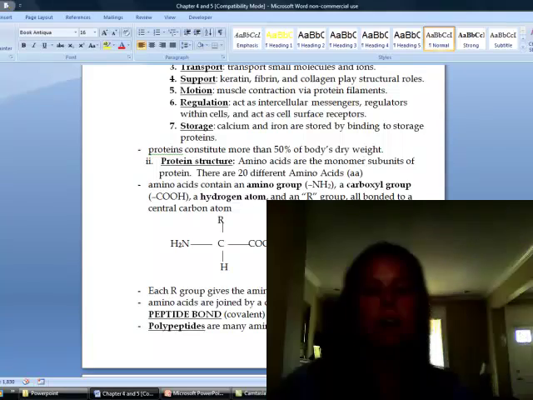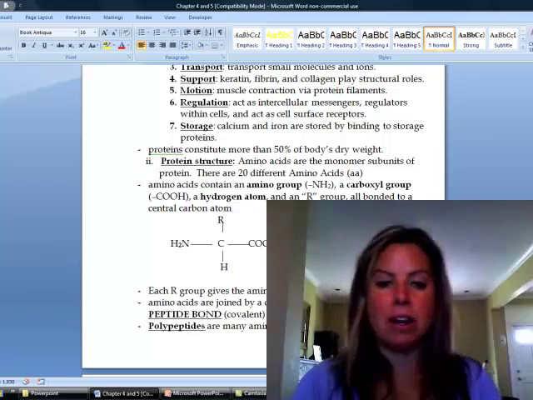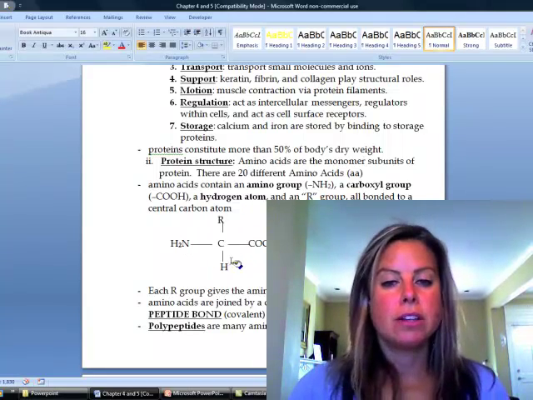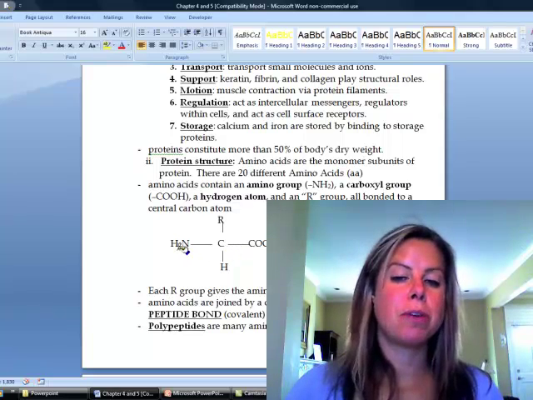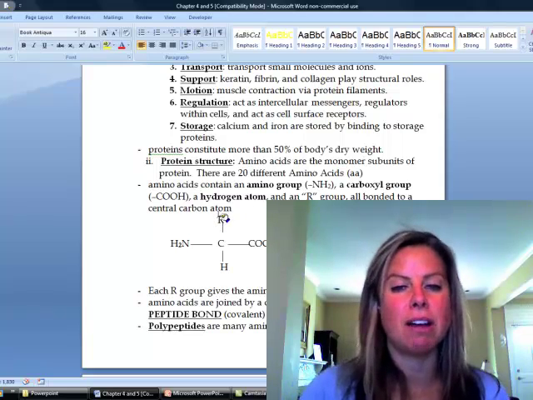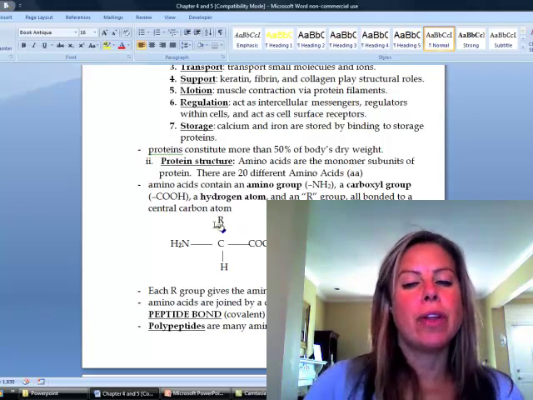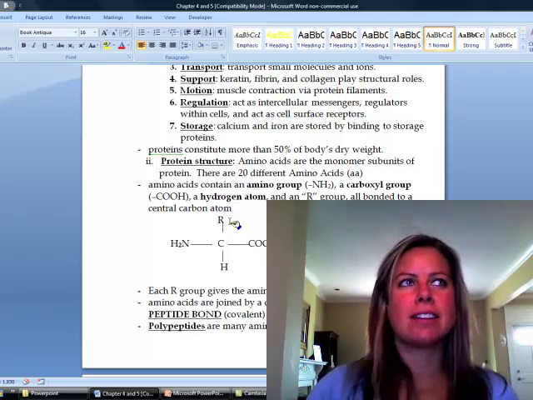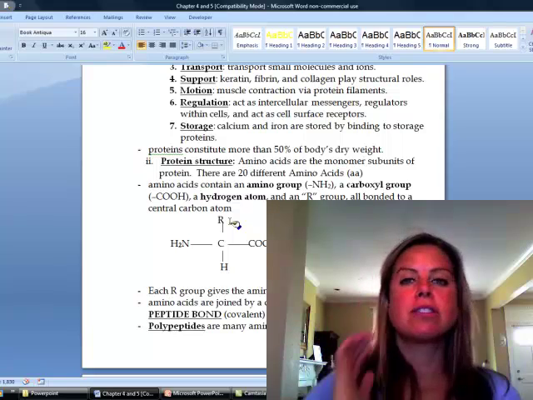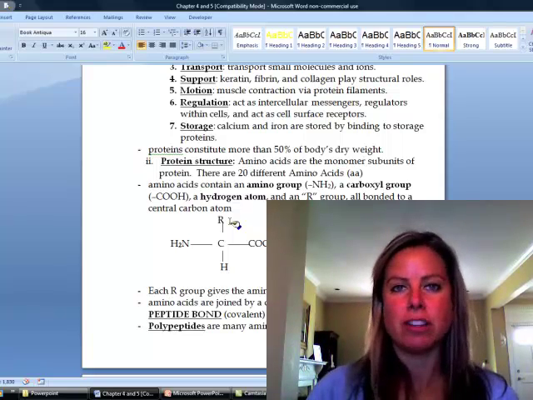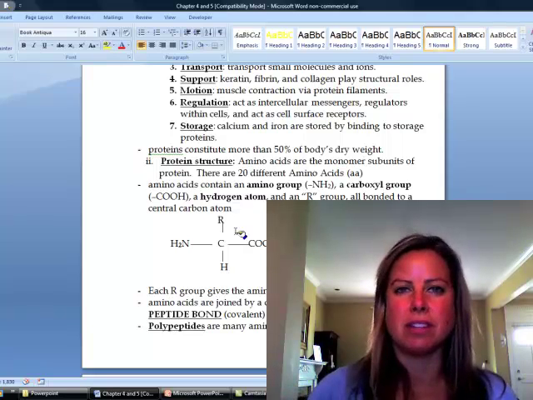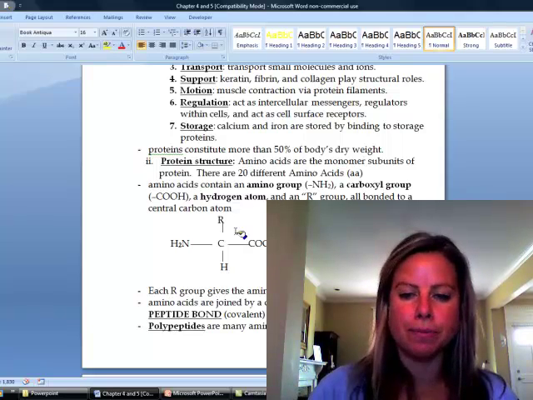If we look at a close-up of an amino acid molecule, it's going to look like what you see right here. A carbon, and then it's got an amino group coming off, a carboxyl group coming off, a hydrogen, and then this one you may not recognize, the letter R. The letter R means that could change out for whatever amino acid we're talking about. There's 20 of them, so the difference between all 20 of them is that R group. We're going to play a little bit more with this with the models in lab so you can see what we're talking about.